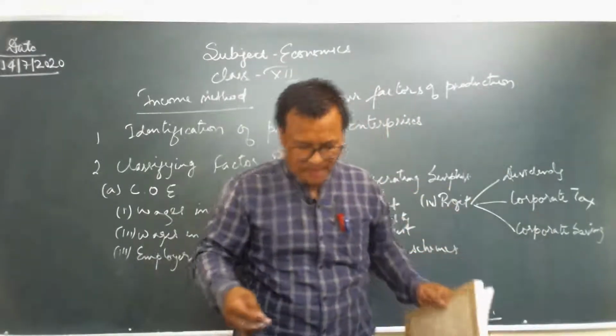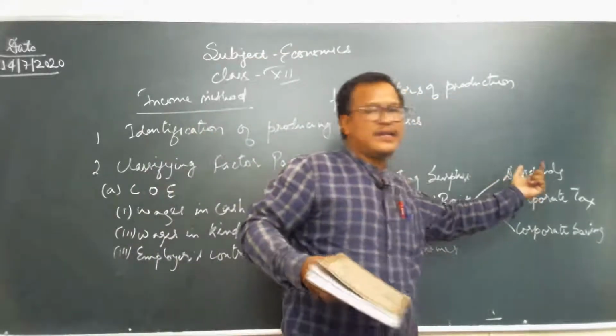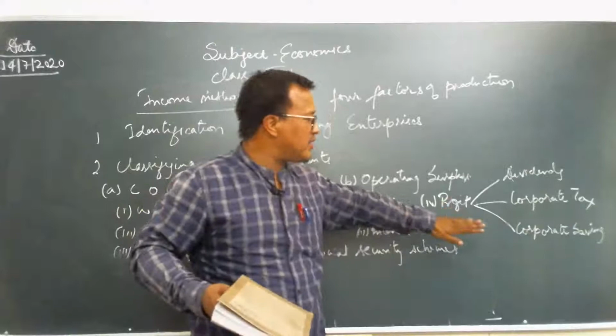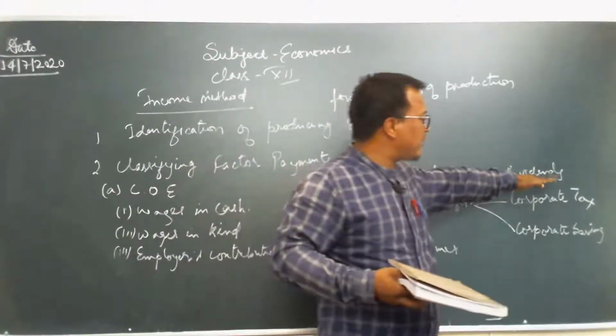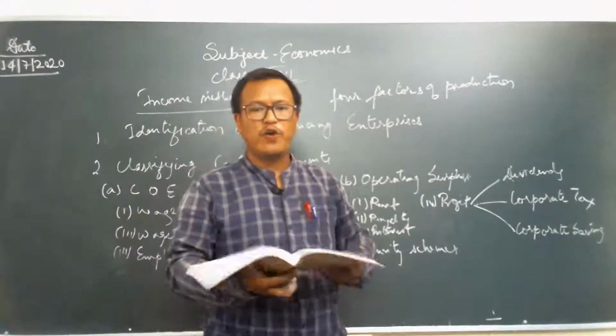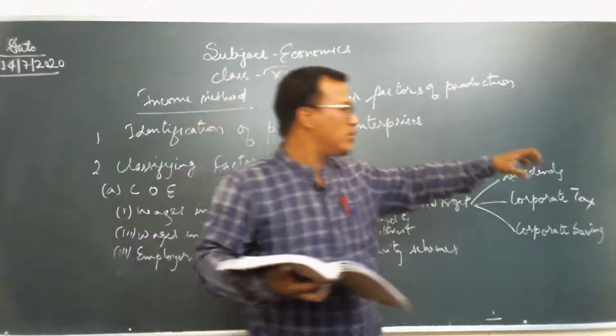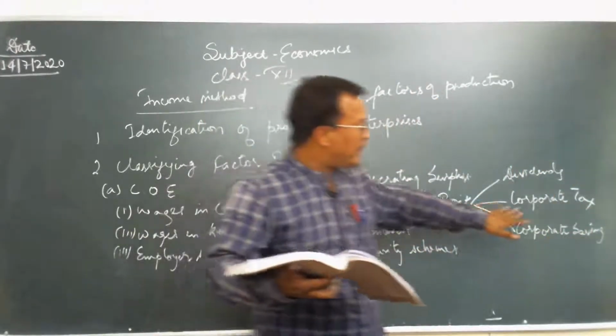For example, let's say there are four people who have initiated a business, and in this business they have gained a profit. So in that way the profit, if it is dividend, will be divided among those shareholders. Let's say if there are four people, the profit will be divided among those four people. Second is corporate tax.